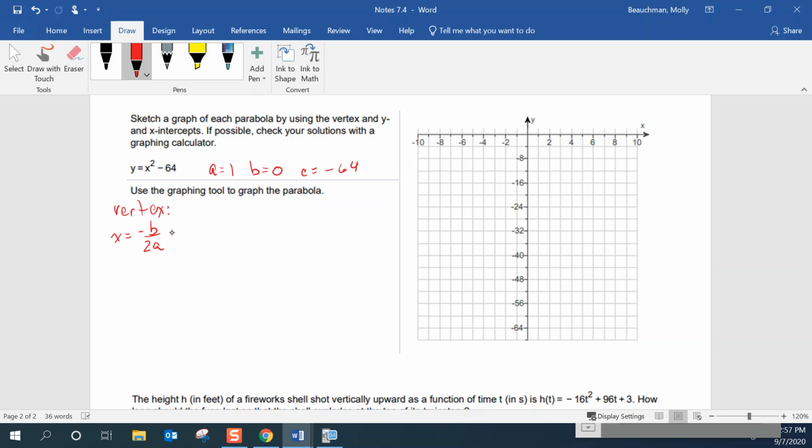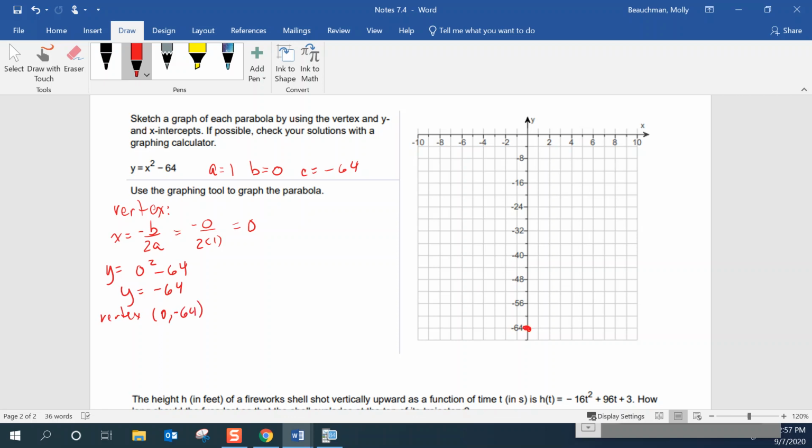So when you take negative b over 2a, you get negative 0 over 2 times 1, which is 0. Now, that's the x-coordinate. To get the y-coordinate, substitute 0 in for x, and we end up with negative 64. So the vertex is at (0, negative 64).